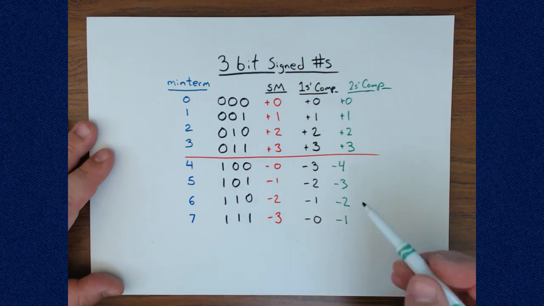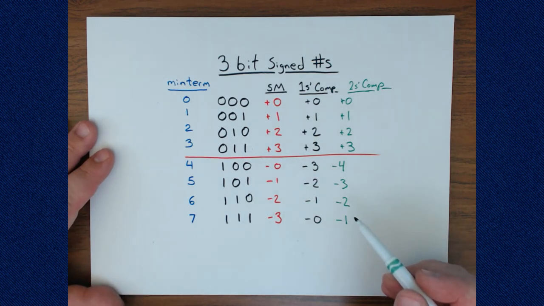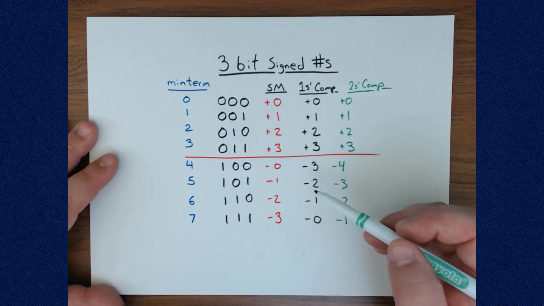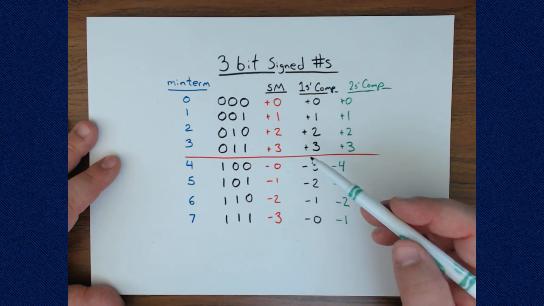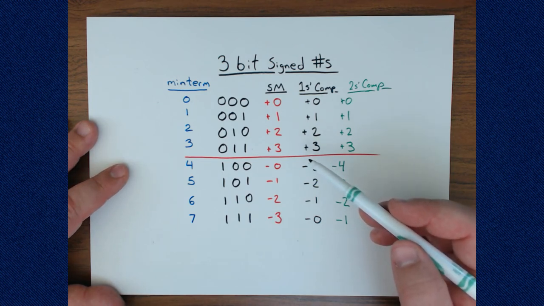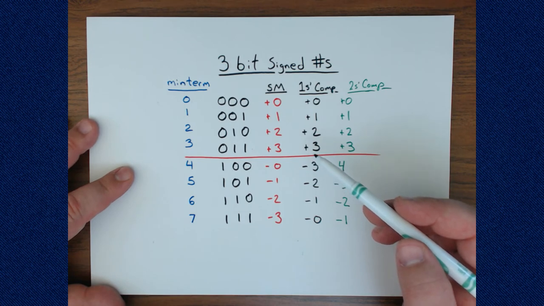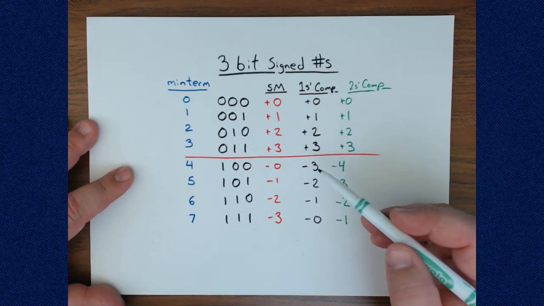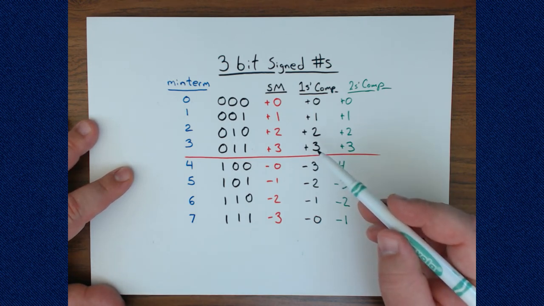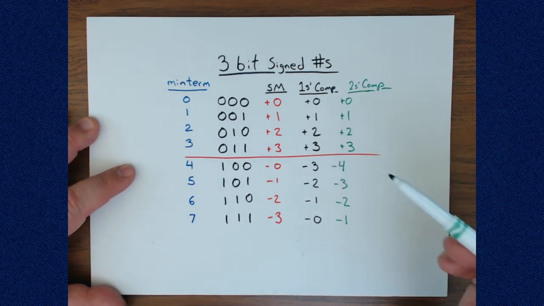So before, we had a range from negative 2 to the n minus 1, plus 1, all the way up to positive 2 to the n minus 1, minus 1. But that has now changed.